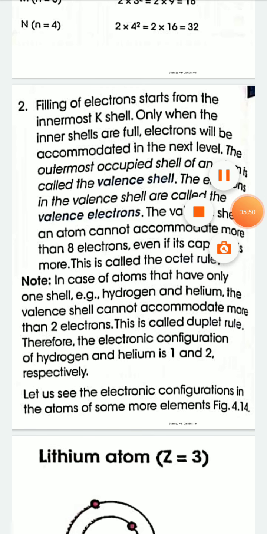Only when the inner cells are full will electrons be accommodated in the next energy level. First the inner cell will fill up with electrons, then electrons will be accommodated in the next level.